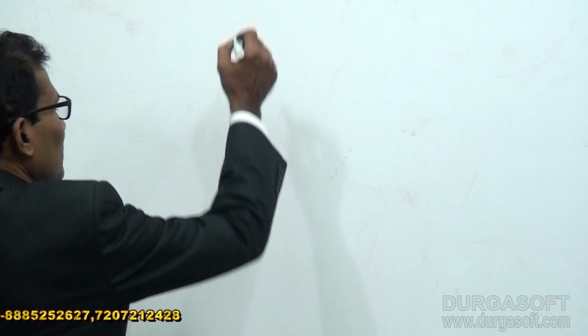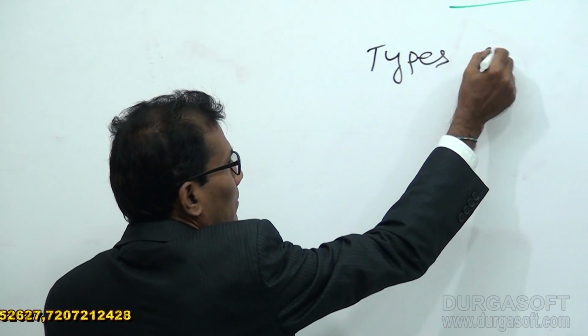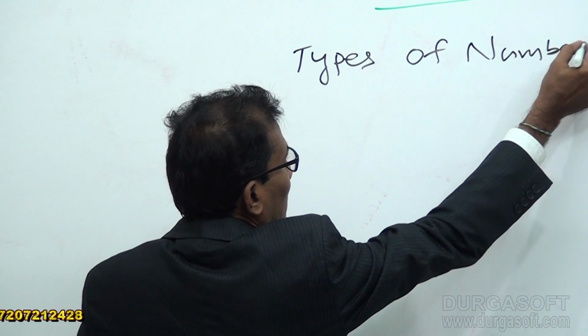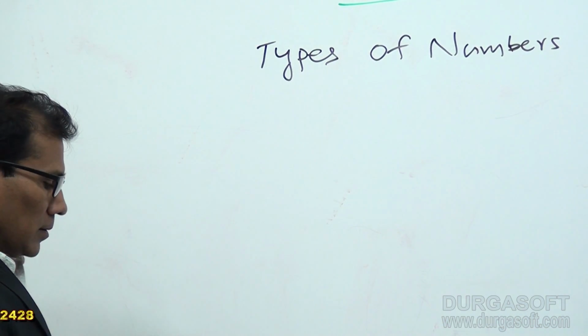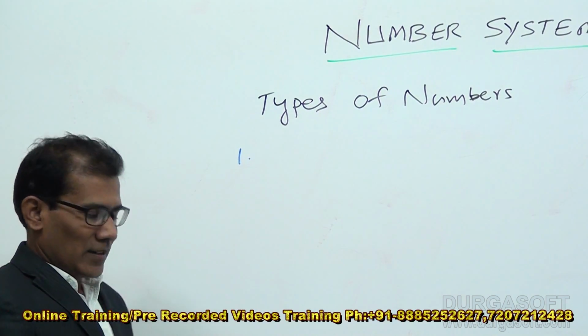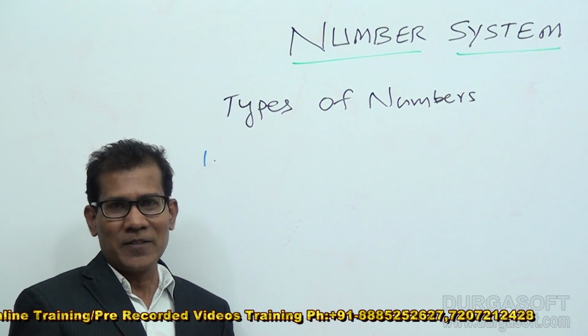Let us see what are the different types of numbers we use usually. What are the different types of numbers we have?